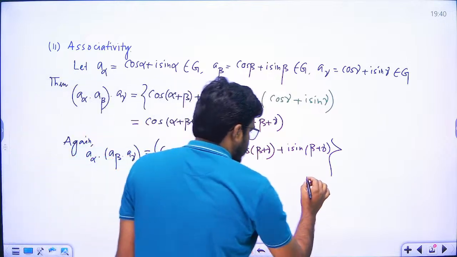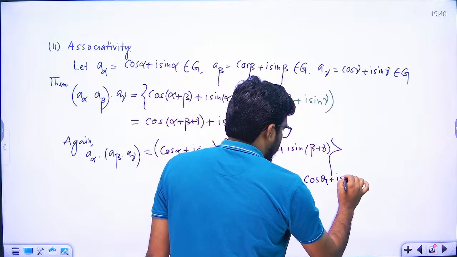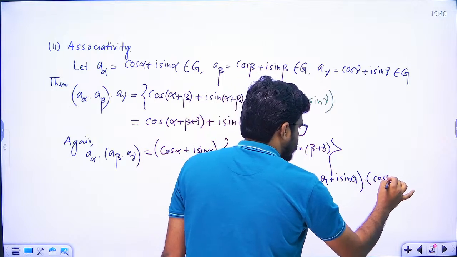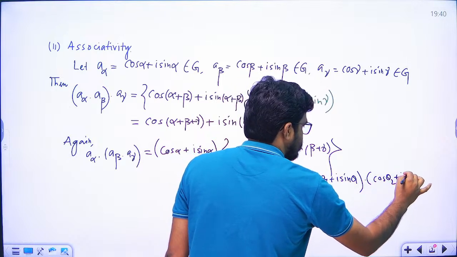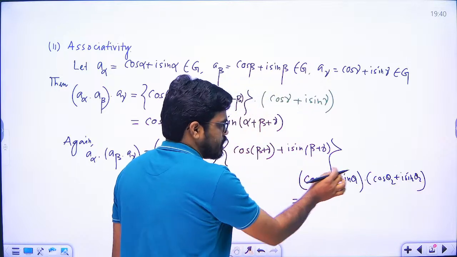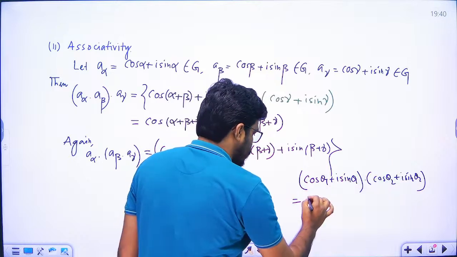Okay, just recall this property. Suppose cos theta 1 plus I sin theta 1 into cos theta 2 plus I sin theta 2. If you multiply this, what do we get? Cos theta 1 plus theta 2 plus I sin theta 1 plus theta 2, right?